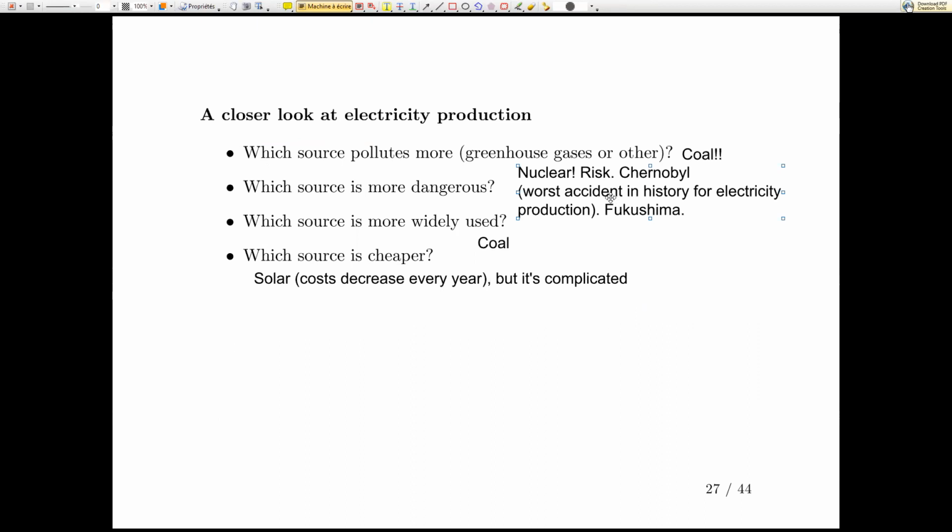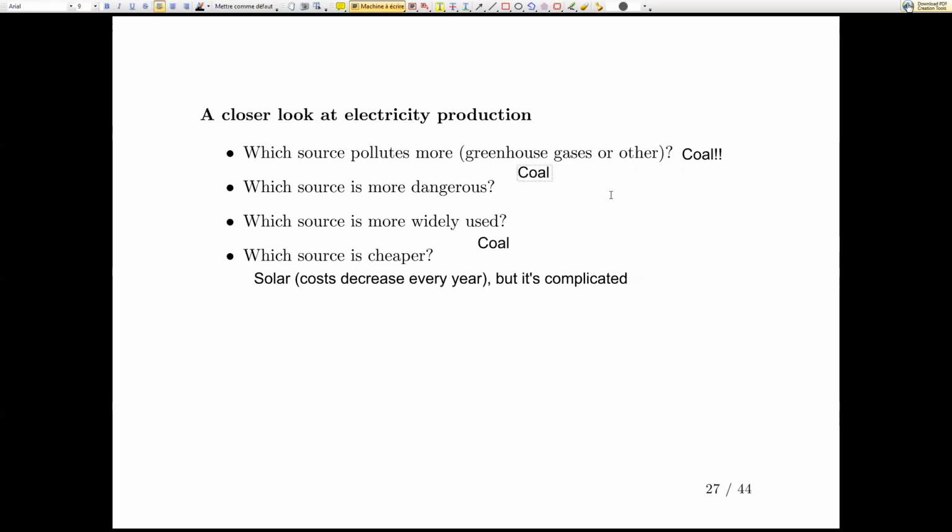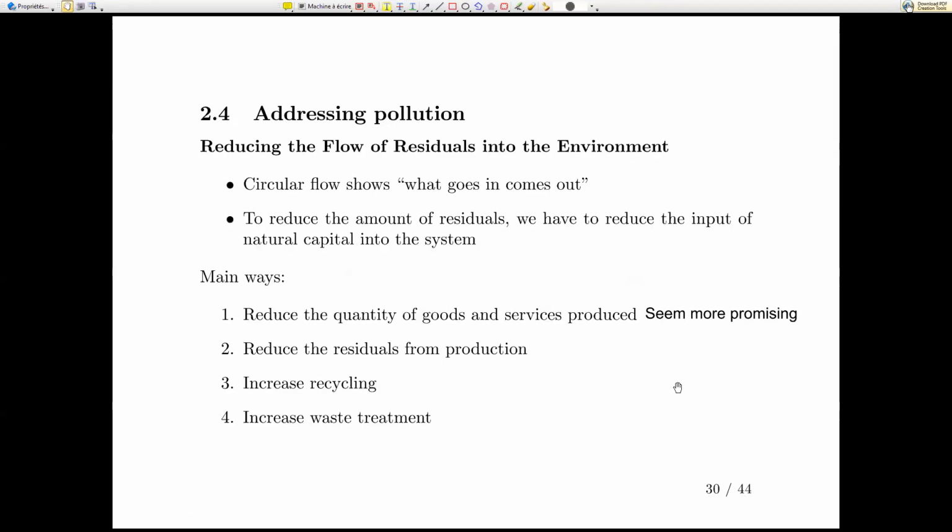So the most dangerous is, yeah, coal again. All right, so we're going to see if that one is most promising.